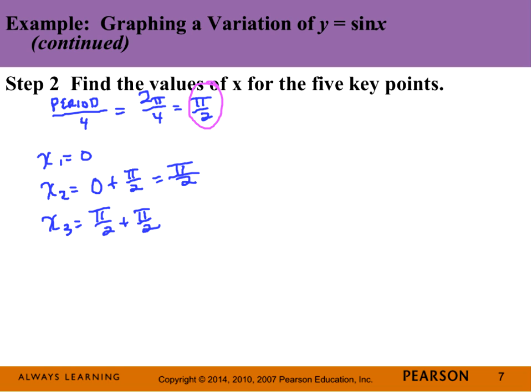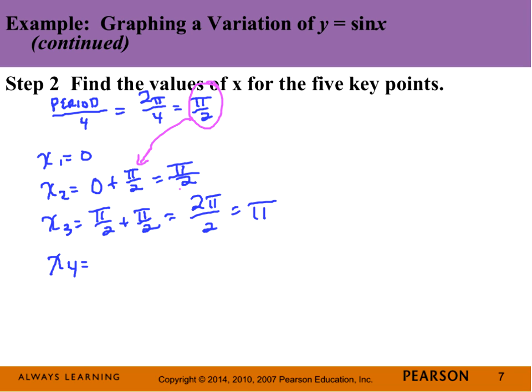That's this value here that we add on to the preceding value to get the next x value up. Periodically speaking, that is. Are y'all following okay so far? Okay, great. So that leaves us at pi for that one.